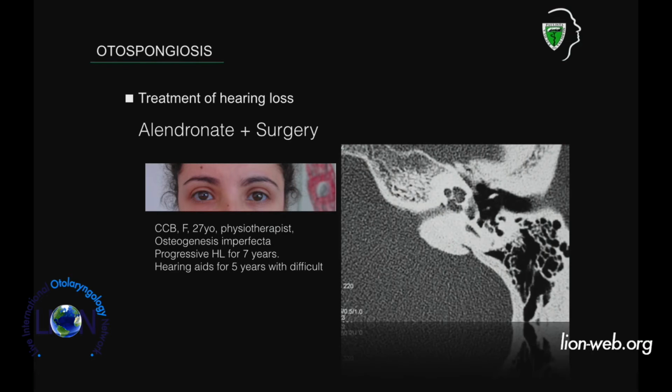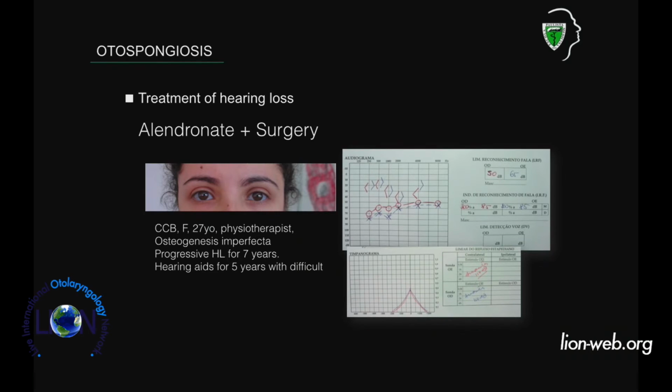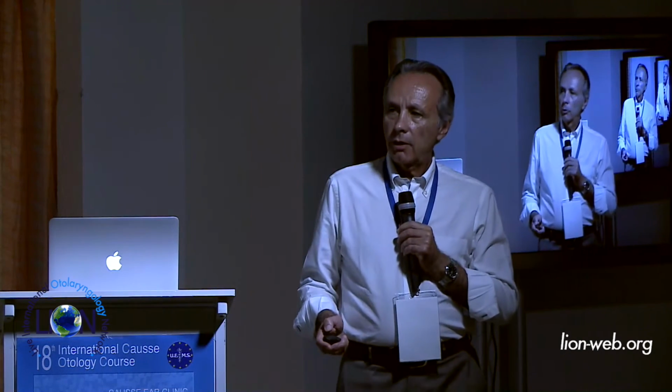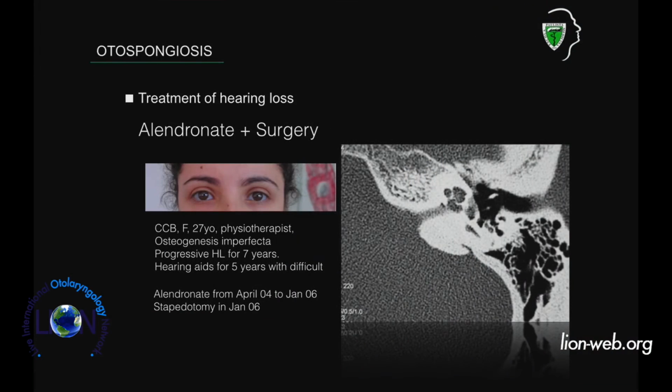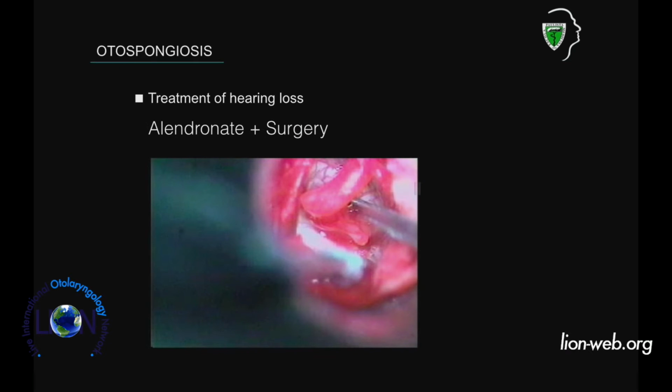But she had a regular fenestral focus, despite having osteogenesis imperfecta, and the classical expression of hearing loss, mainly a conductive component with a shaft a little bit higher than usual at 2 and 4K, without reflex and with good speech recognition. So we tried to protect her with alendronate for 1 year and did a stapedectomy after 10 months of alendronate.